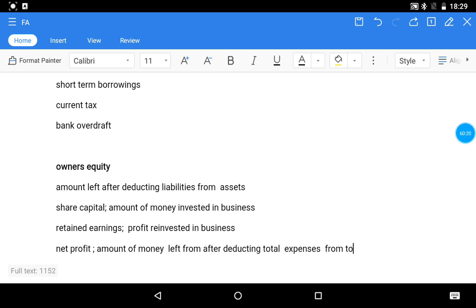So what you need is to know their definitions, what they mean. You can go and get more. So those are elements of financial statements. They can be fewer. The ones I have given you are not the only form. Okay, thank you.